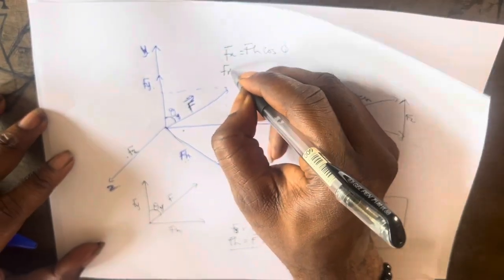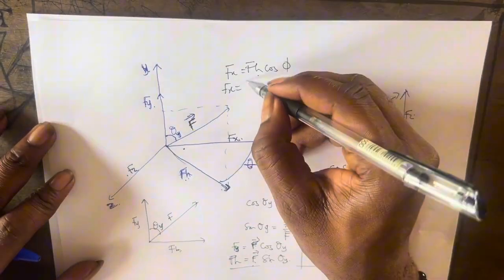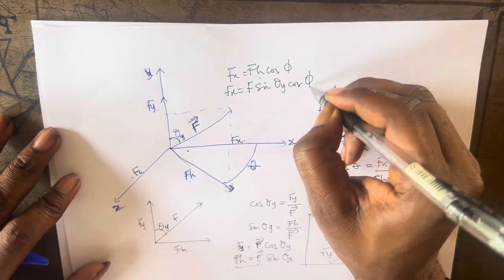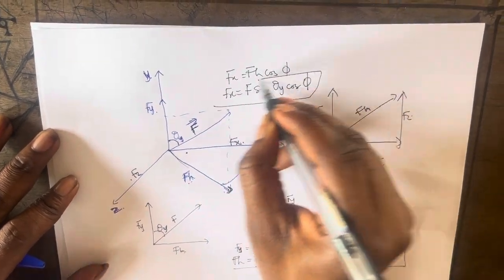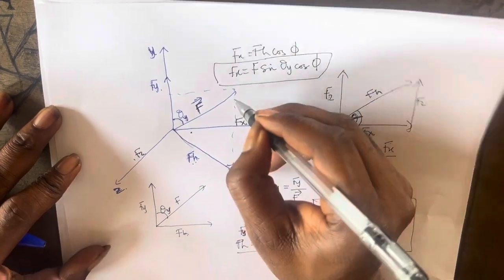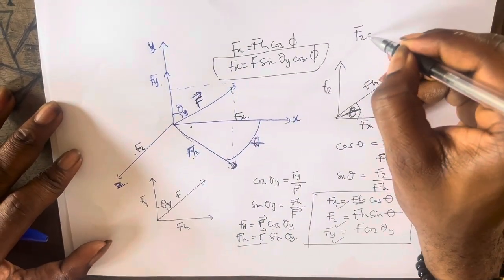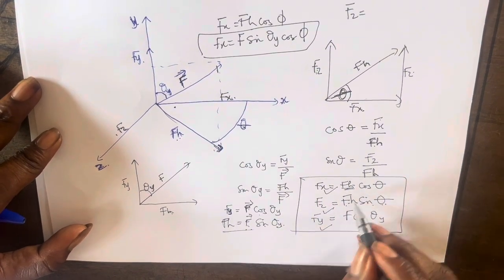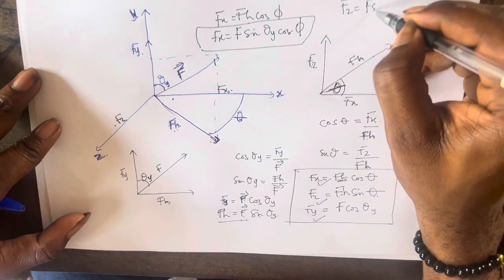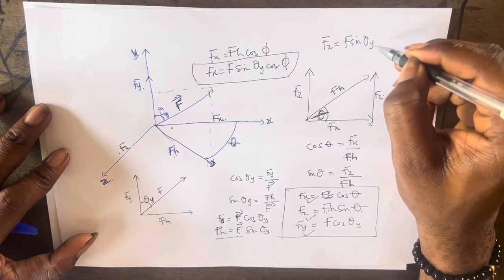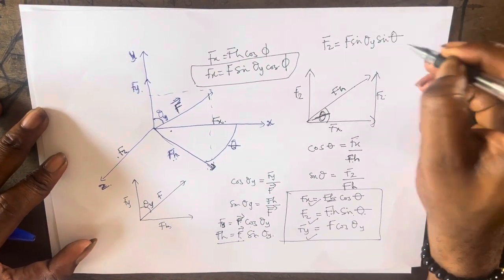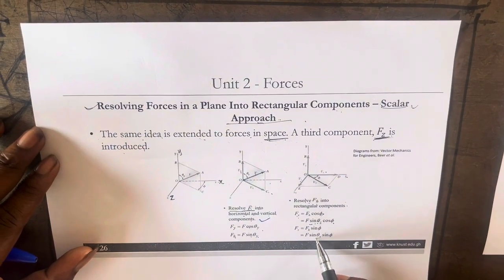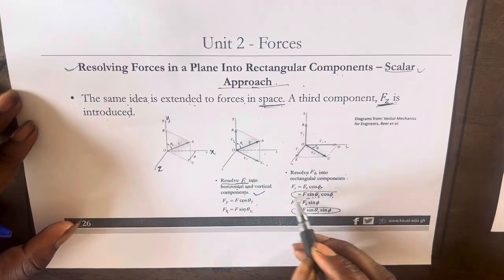So that in place of Fh, we can put F sine theta y cos of phi. Please, are you getting it? So this will be the final thing we are having. And the same thing, Fz is equal to Fh sine phi, so we can get Fh, which is F sine theta y, sine phi. That will be our Fz. All right, and that's what we are getting here, this and that.